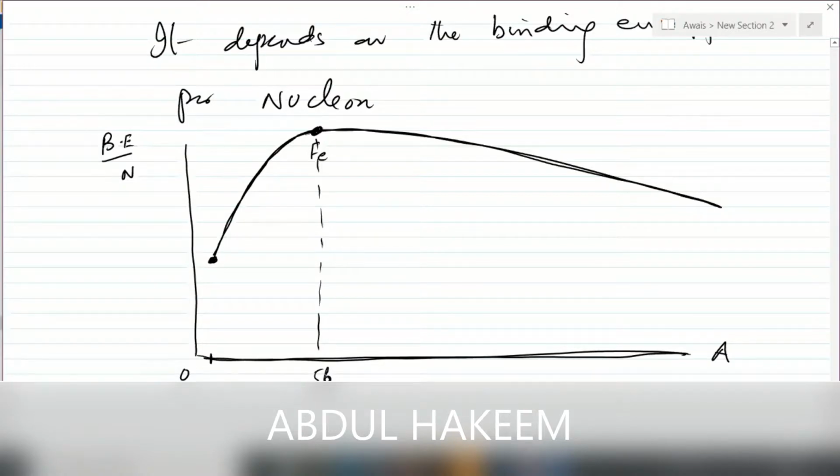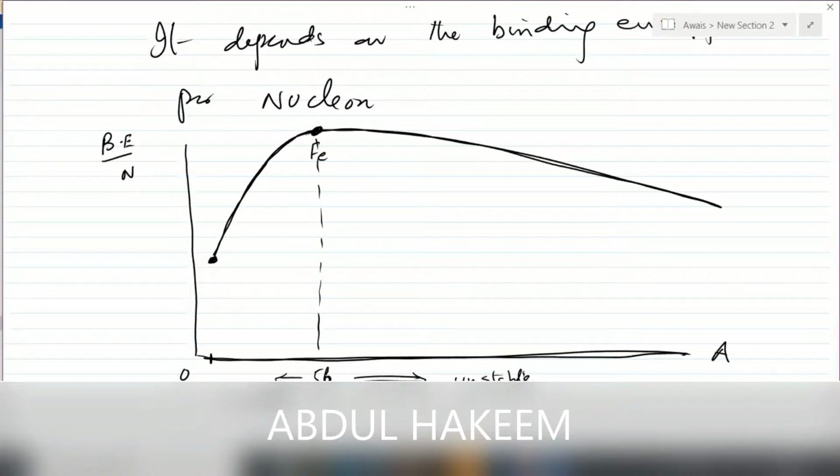Not 50, 56. So mass number greater than 56, they are unstable because their binding energy per nucleon is smaller than the maximum. And here, the mass number less than 56, they are also unstable due to the lower value of the binding energy per nucleon.